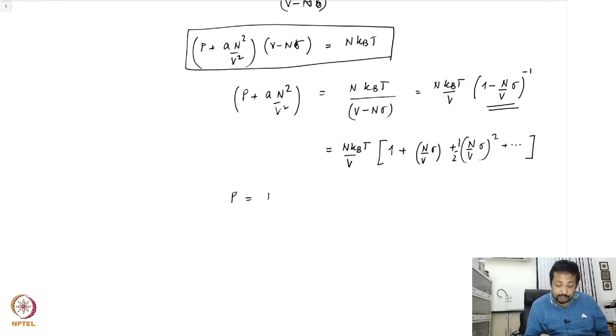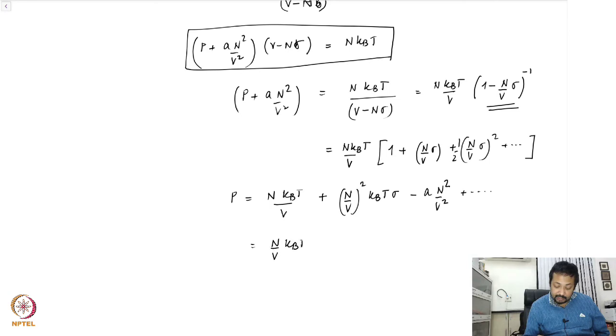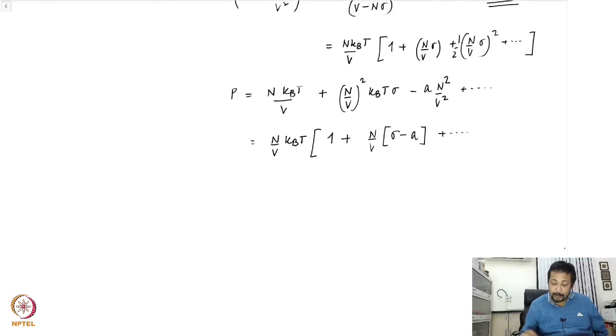Therefore, pressure is N k_B T over V plus, if I open the bracket, (n by V) whole square times k_B T times sigma, minus a n square over V square, plus higher order terms, and then I again take N k_B T common, which gives me 1 plus n by V times sigma minus a, plus higher order terms.